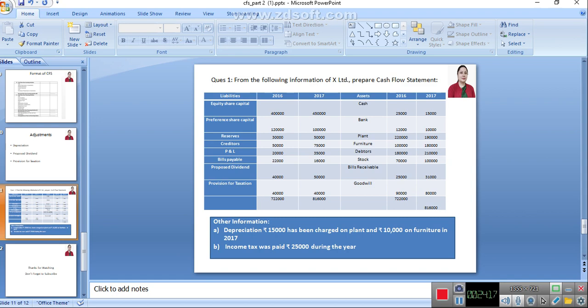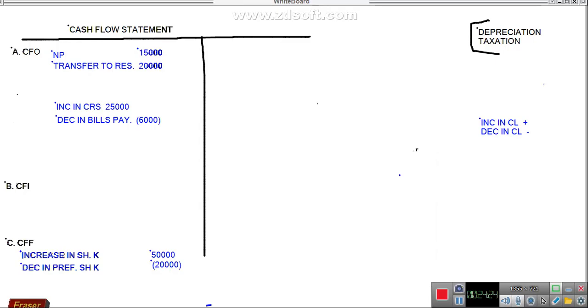Previous year amount is 40,000 and current year is 50,000. Previous year amount you have been given 40,000 and current year amount is given as 50,000.